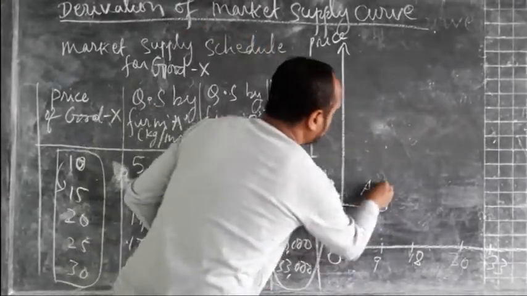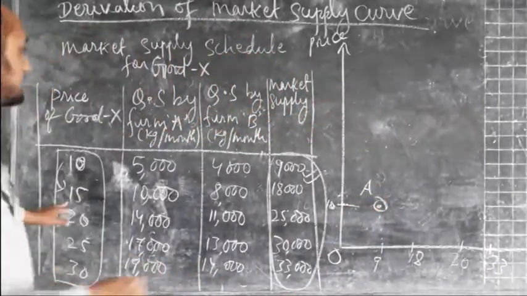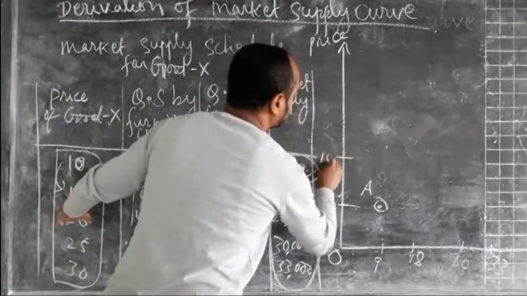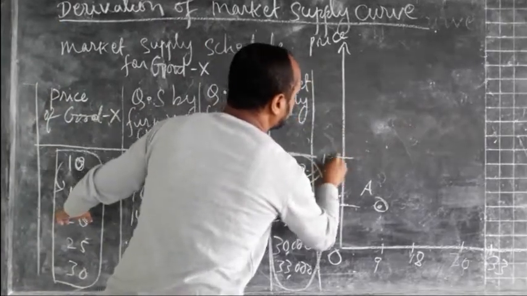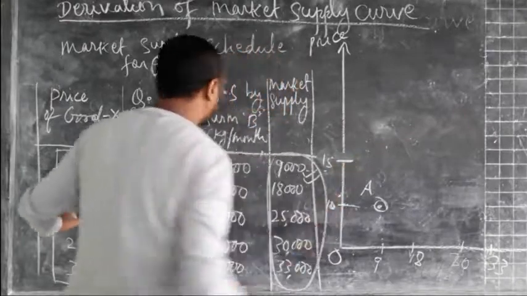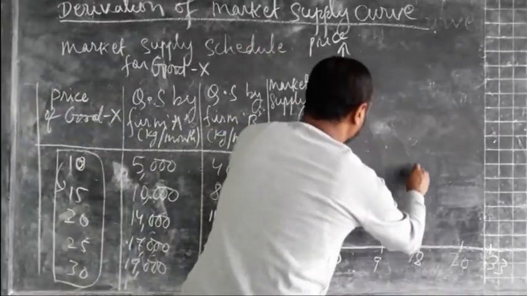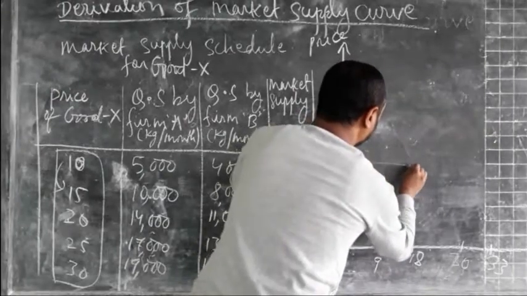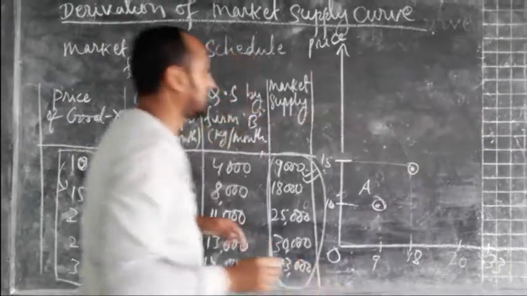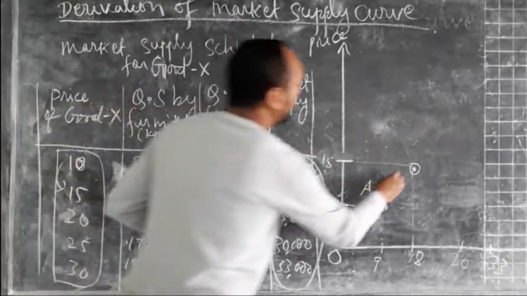Let's consider this one point A. When price increases to 15, suppose this is our price 15, the market supply we have is 18,000. So just straight of this we have to plot the point. Suppose this is B.